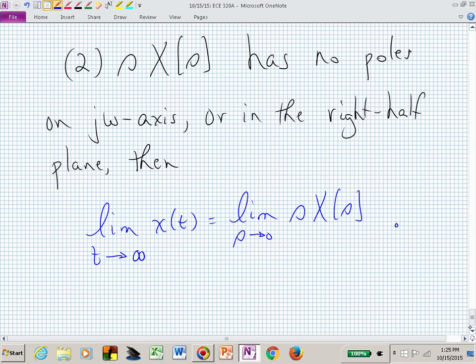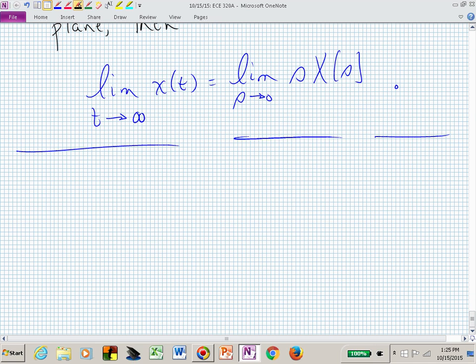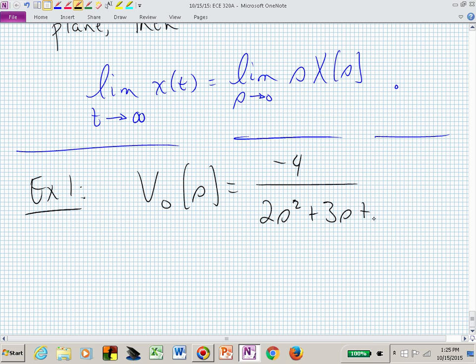Let's look at some examples of applying this. Suppose we have example 1 given as capital V sub 0 of s is now minus 4 over 2s squared plus 3s plus 1.